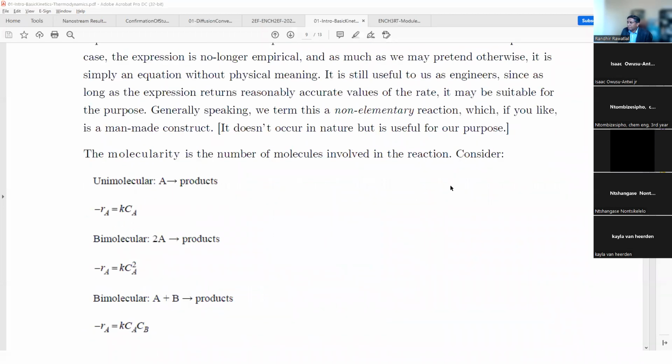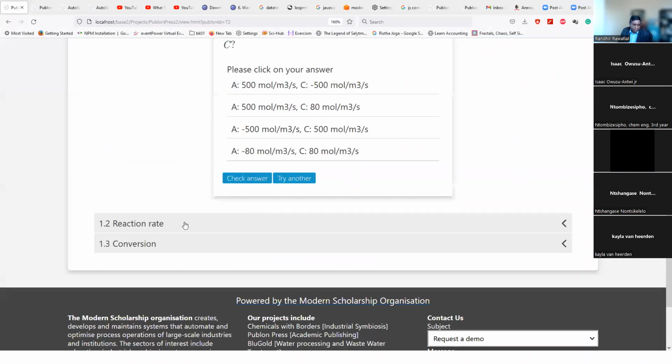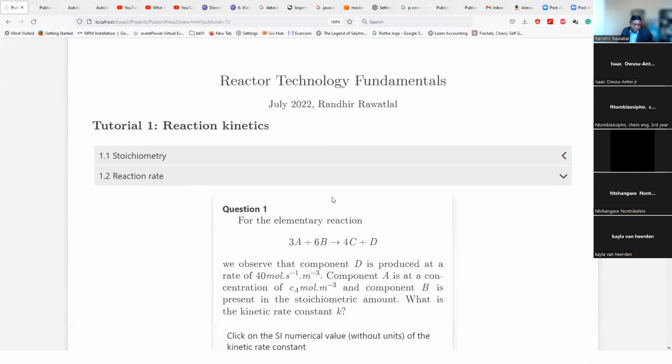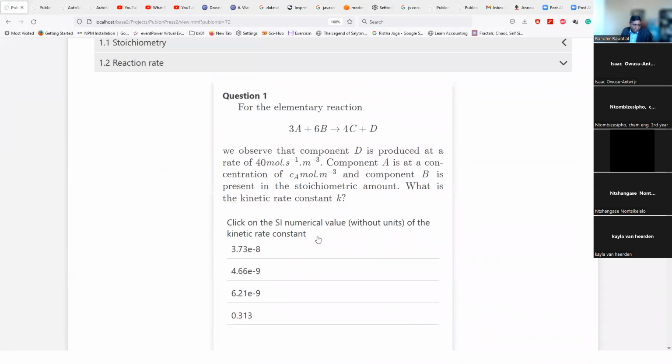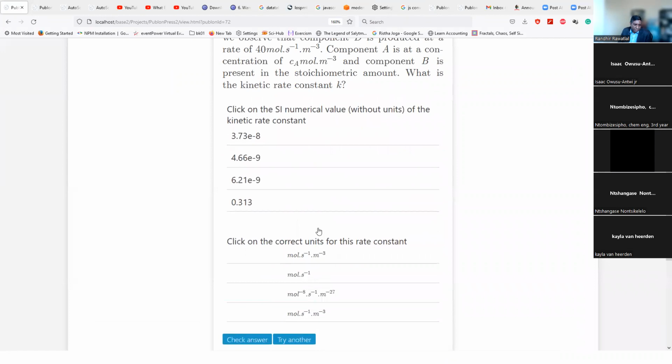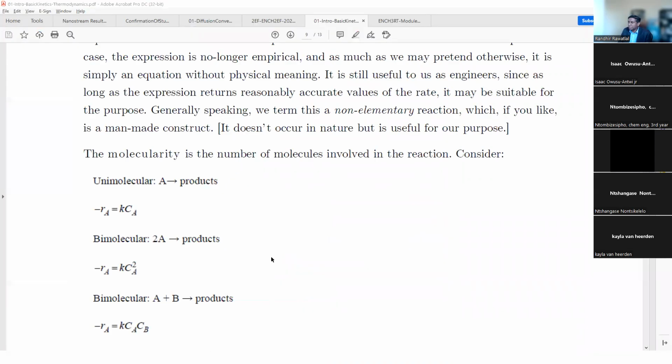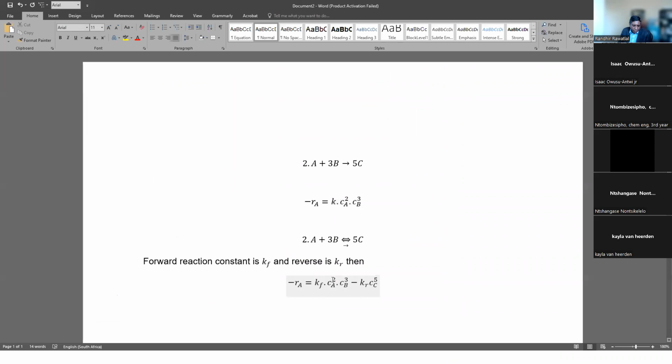Okay, and then again, you can try this out in this tutorial. So there's an example of that. And then this question is also making a point of the units for k. So you see here in this example, we have these constants, k. And if you think about it, k does not have fixed units, right?